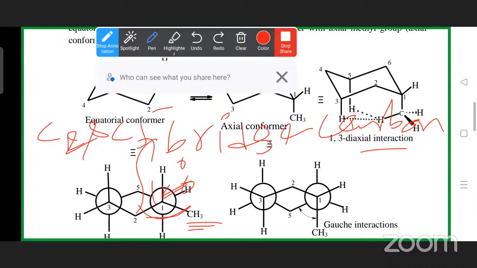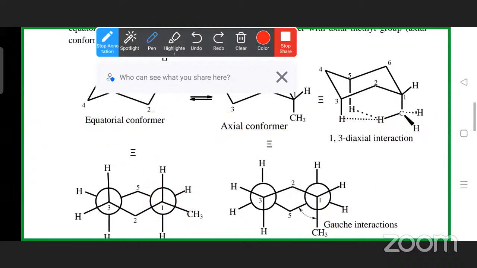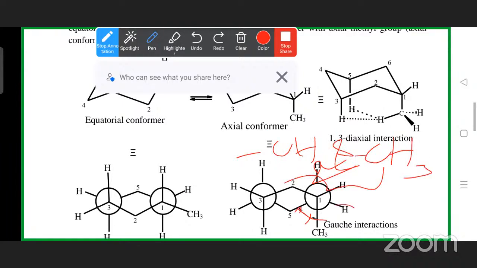And coming to the axial, here is the methyl bulky group, and this is your CH2. Both are interacting. So here is a bulky group, CH2, and here you can see the CH3. So there is repulsion, gauche interaction.